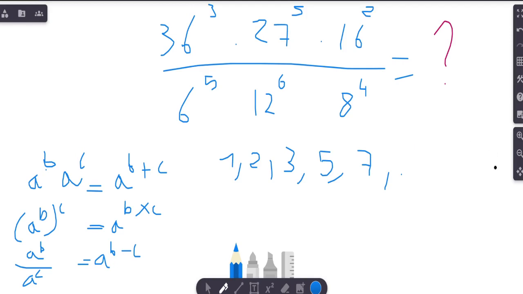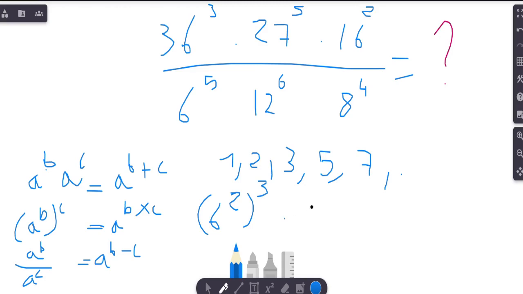Okay, so let's go. First we have 36 to the exponent 3. So 36 is 6 square. So let's rewrite 36 as 6 square, so we have 6 square to the exponent 3.